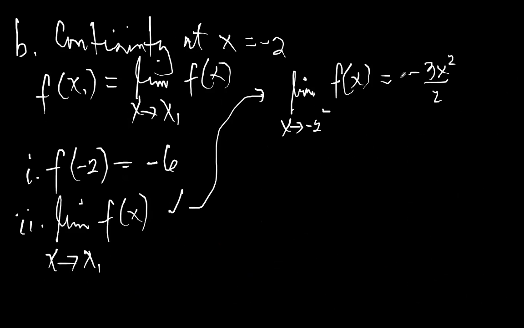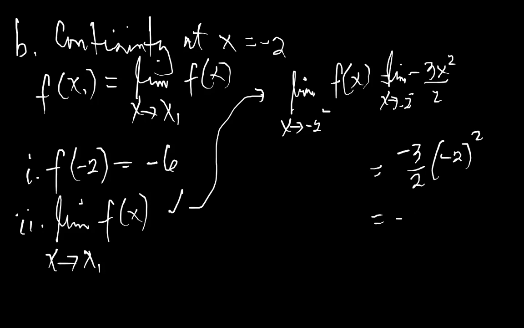So the limit of -3x squared over 2 as x approaches -2 from the left. Here we can do direct substitution, and this is equal to -3 over 2 times -2 squared.